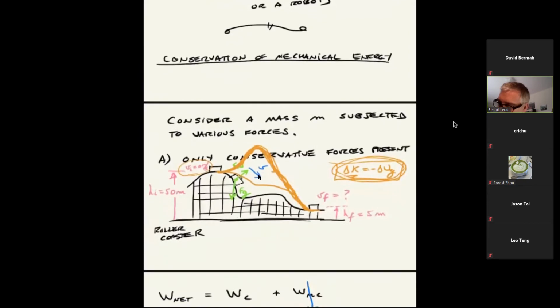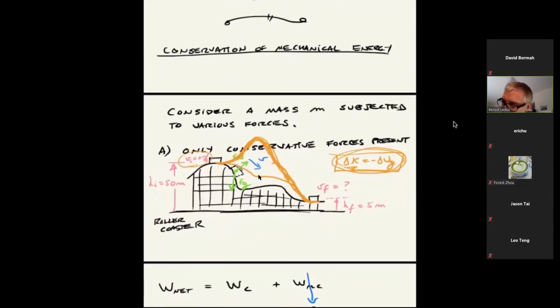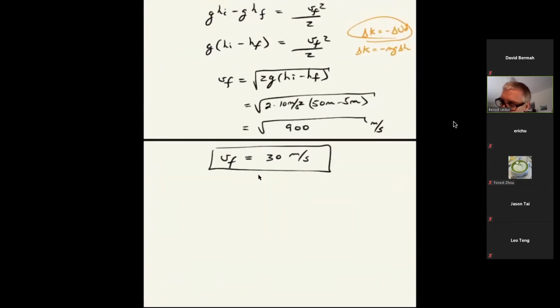Now I'm going to start case B. Case B will be when non-conservative forces are also present.